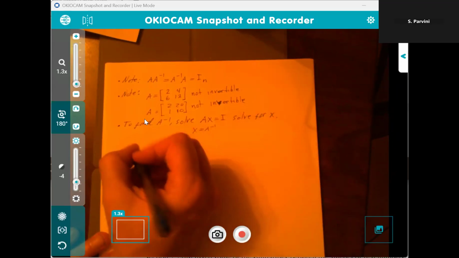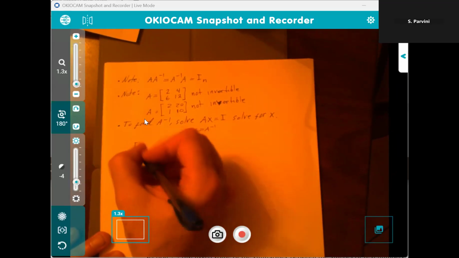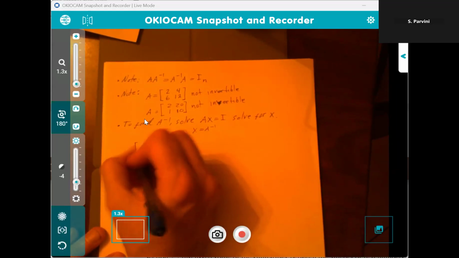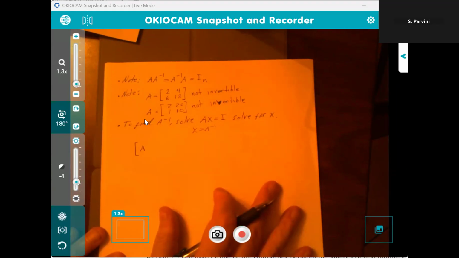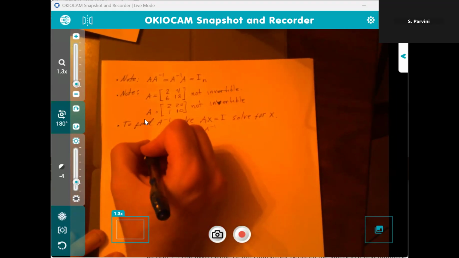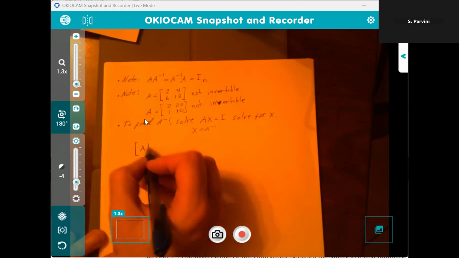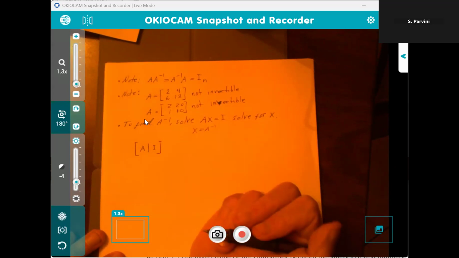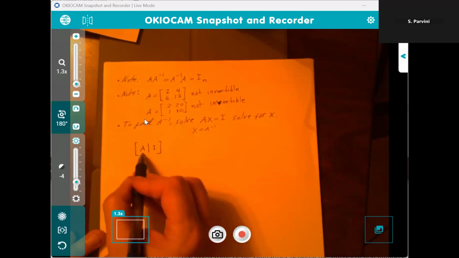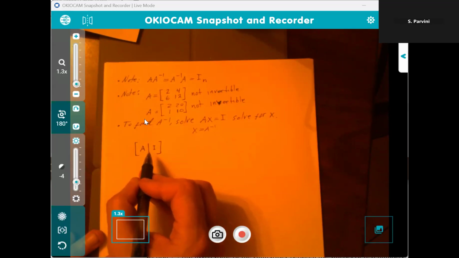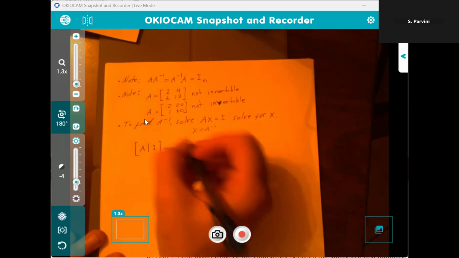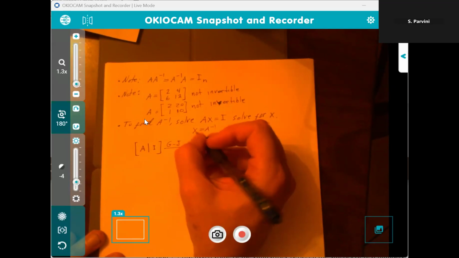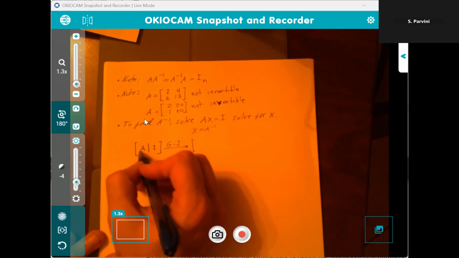So what does that mean? That means in our system, let's say I have a matrix A, I want to find its inverse. Remember, these are square matrices. Everything in this section is a square matrix. So I'm going to adjoin A, with a line here, and the identity matrix I, of order n. So if A is 4 by 4, so is I. Then we're going to go through Gauss-Jordan and reduce matrix A using Gauss-Jordan.